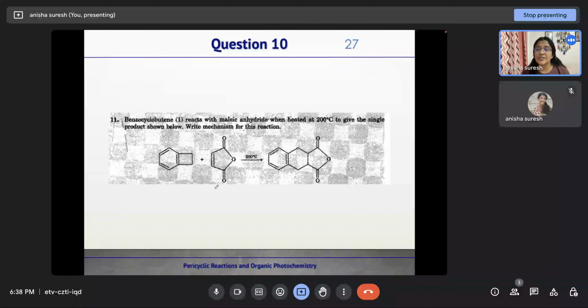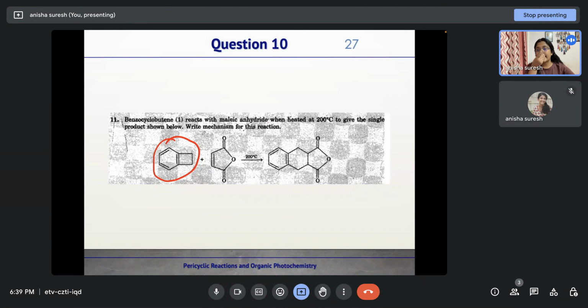Now coming to question number 10. Benzocyclobutene, that is this one, reacts with maleic anhydride when heated at 200 degrees Celsius to give this single product. So this single product is formed when this benzocyclobutene is reacting with maleic anhydride.